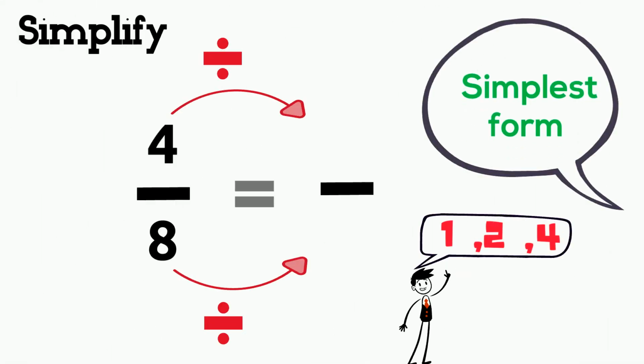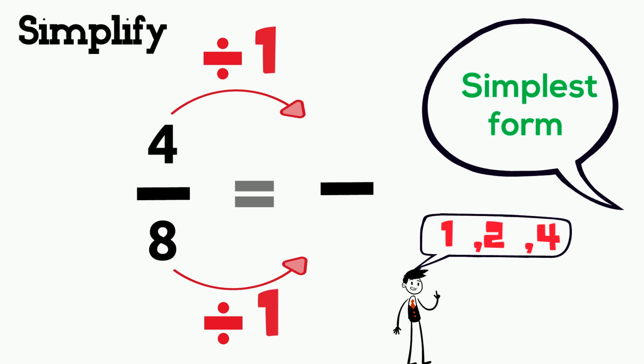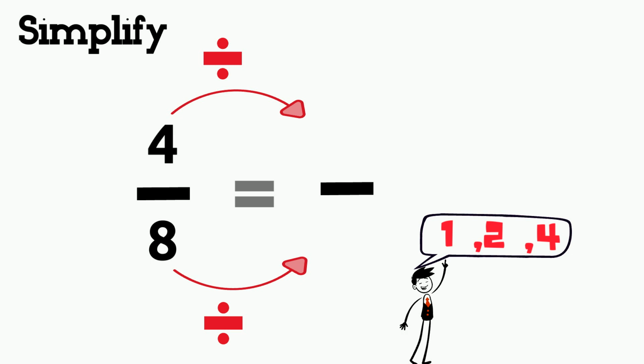To find the simplest form of 4 out of 8, which common factor should we use to divide the fraction? We should divide the numerator and denominator of the fraction by the highest common factor.